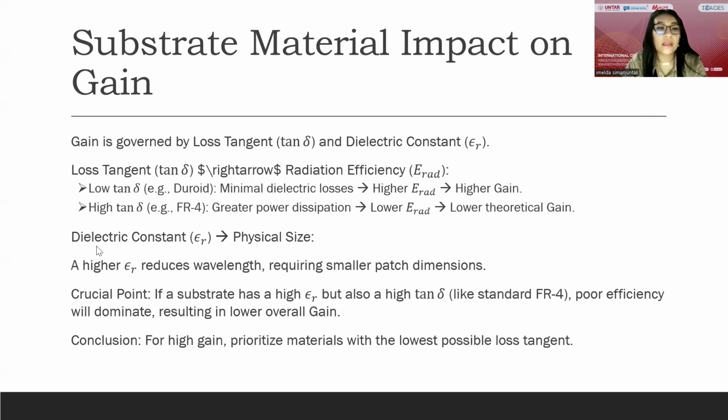In physical science, a higher dielectric constant reduces the wavelength and requires a smaller patch dimension.